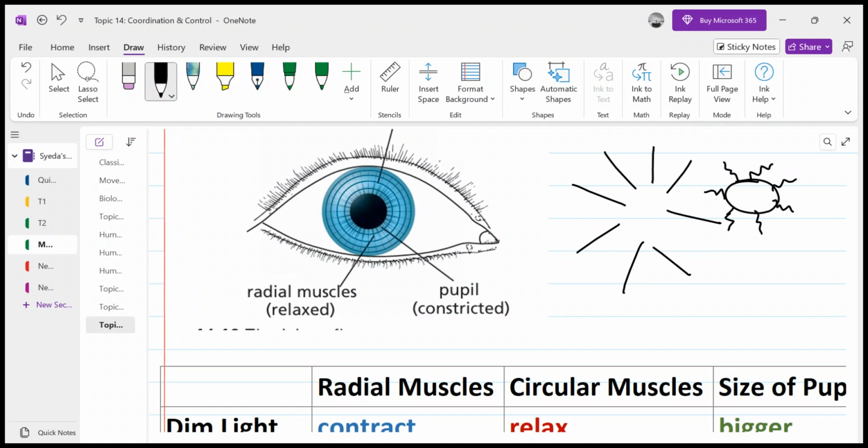Whenever you stretch it, what happens? For example, if a rubber band is tied with something, whenever you stretch it, the size of something gets bigger. But whenever you make it loose, whenever you stop pulling it, the size becomes smaller. So the same thing is happening here. They are contracting means they are stretching the pupil size, right? They are relaxing, so that's why the size got smaller.